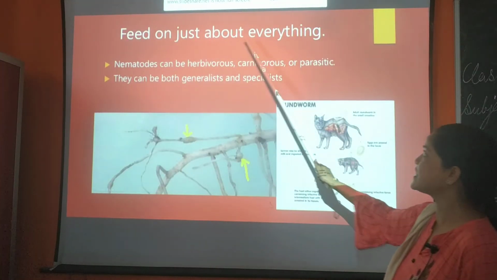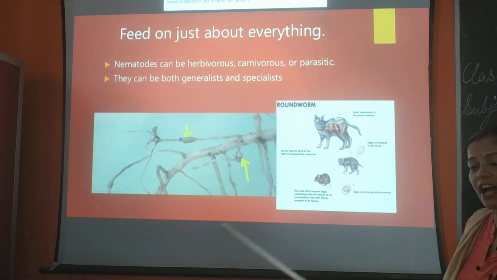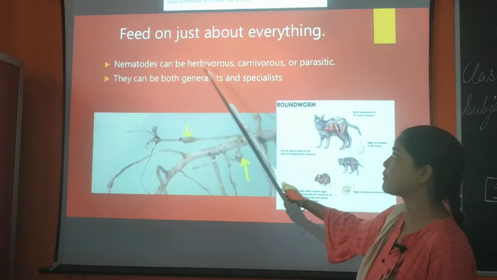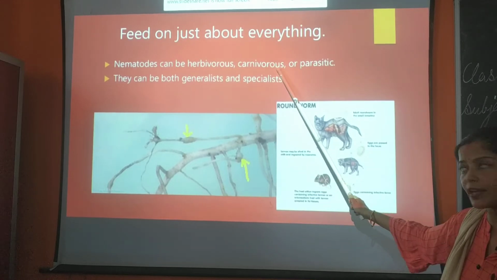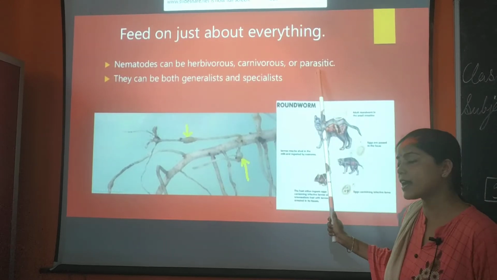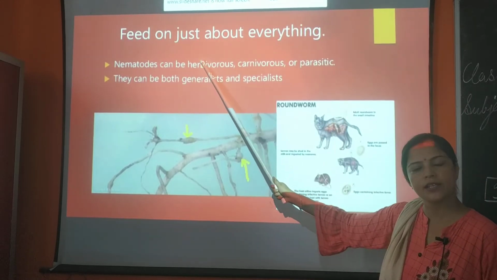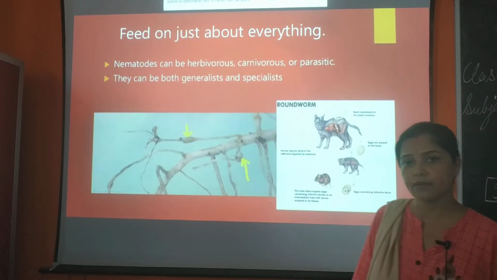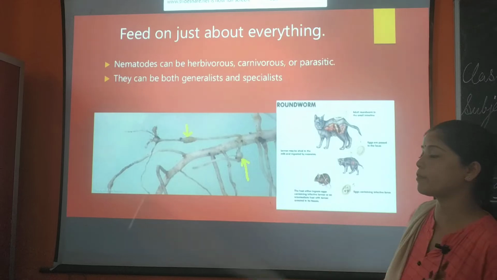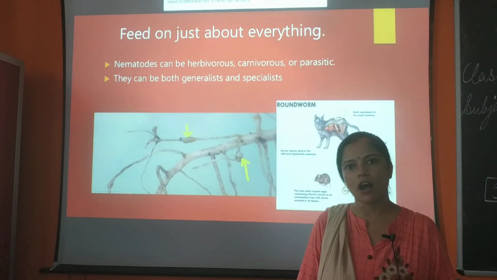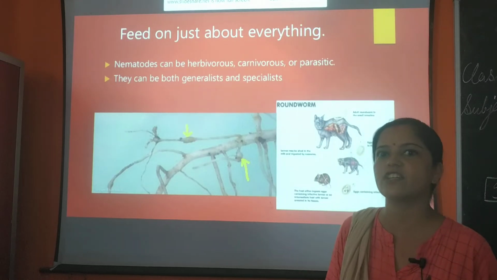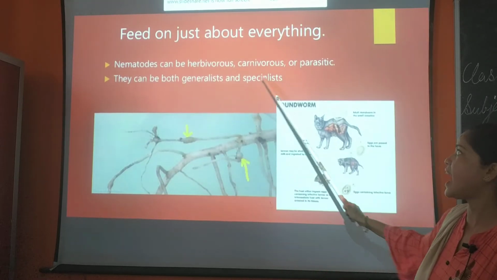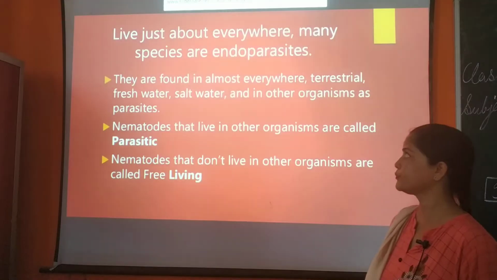They feed on just about everything. Nematodes can be herbivorous, carnivorous, or parasitic. Herbivorous means they eat plants, and carnivorous means they can eat animals or flesh. Parasitic means they are parasites and can live inside the host cell. They can be both generalists and specialists.